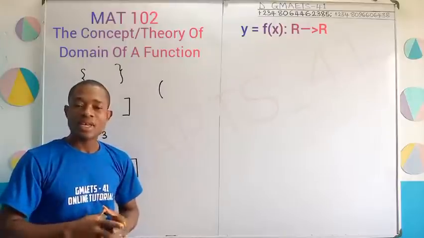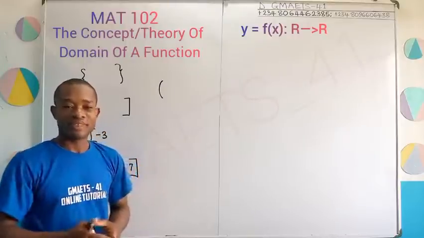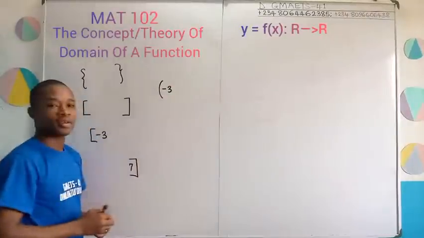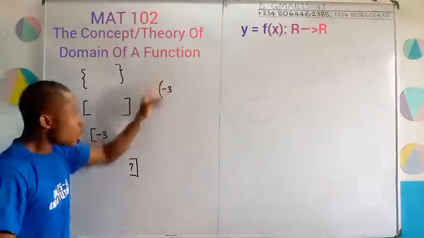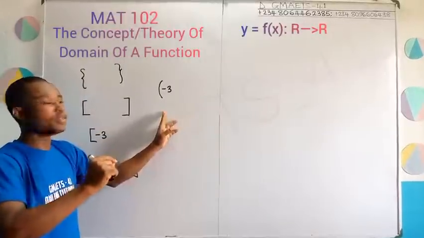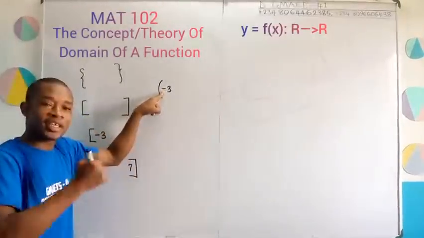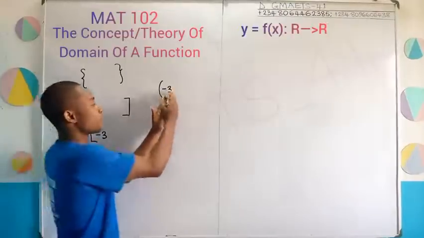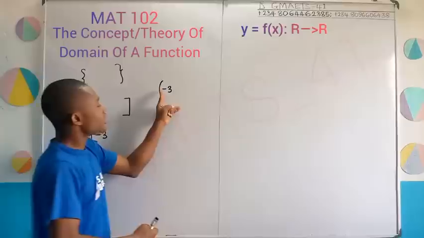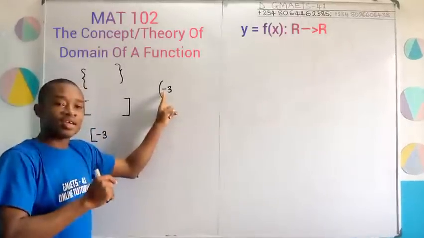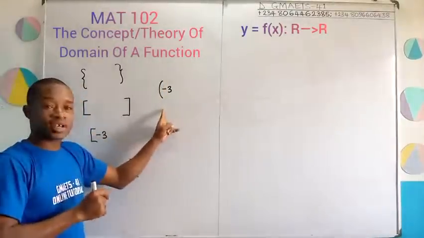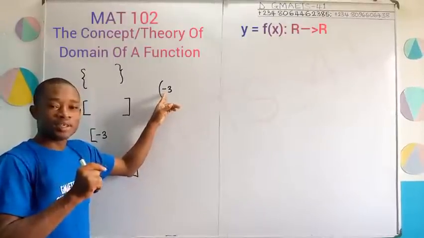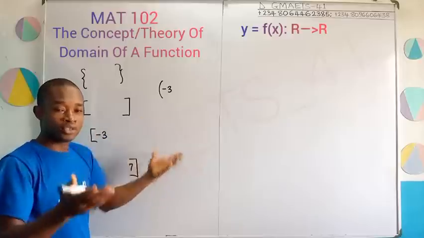So, for example, if I write -3 as the starting point with this curved bracket, it means that -3 is not part of the domain. It's just serving as a boundary.